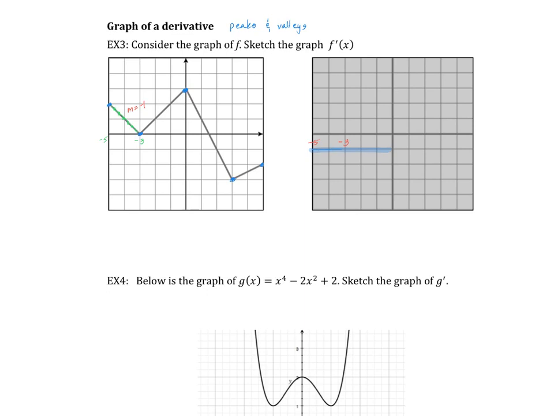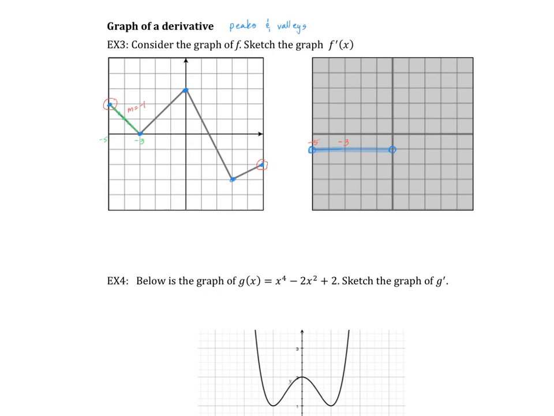Now, we have to remember that at the ends, it's an open circle because of these sharp corners. It's not differentiable. So when I graph the derivative, I need to leave that open. Also, something to note is at endpoints of your graph, not differentiable. It doesn't make sense to talk about how a function is changing if you've only got one side of the function.